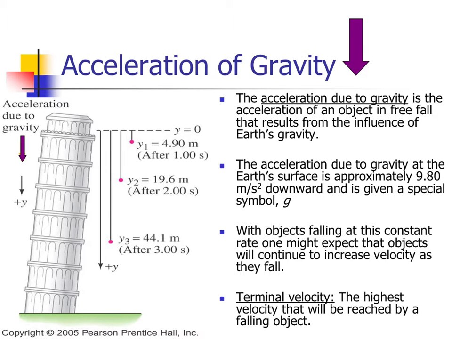Acceleration due to gravity is approximately 9.80. In this class we tend to use 9.81 for gravity. There are even some problems where you'll see that it says to use 10.